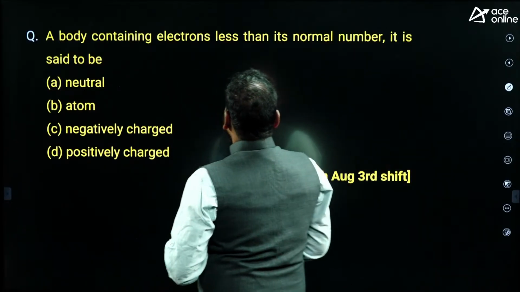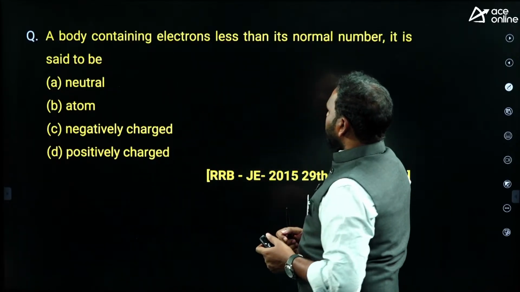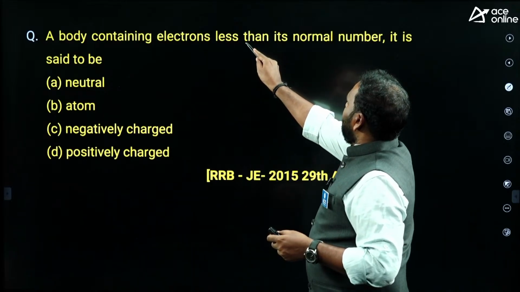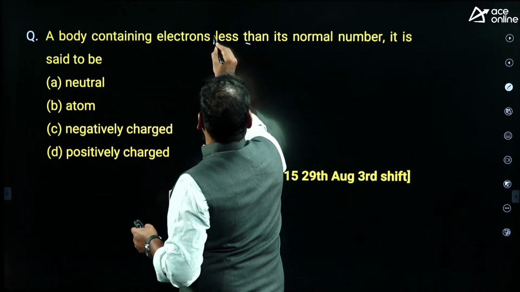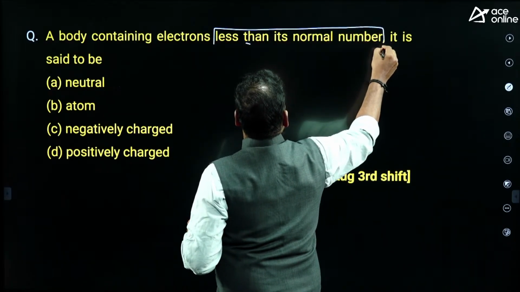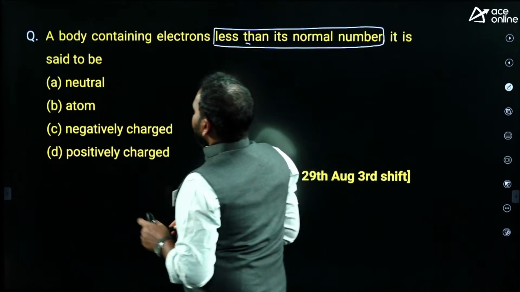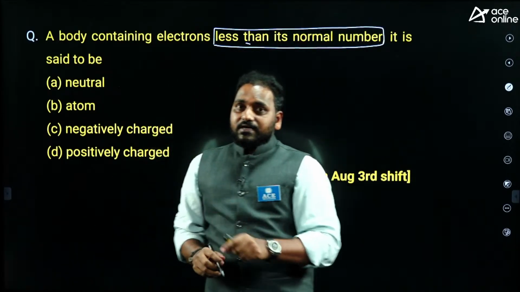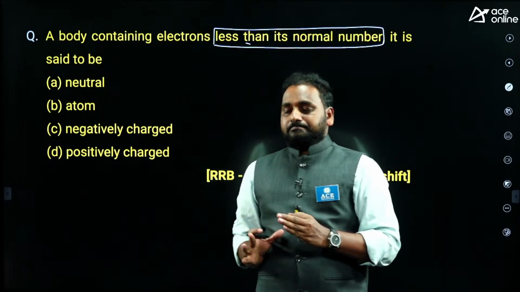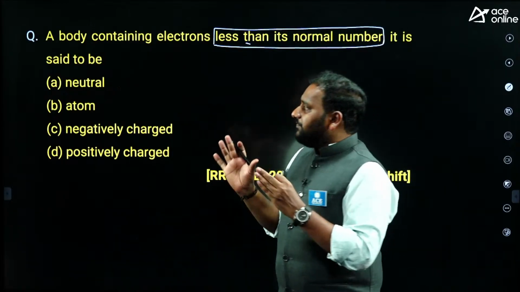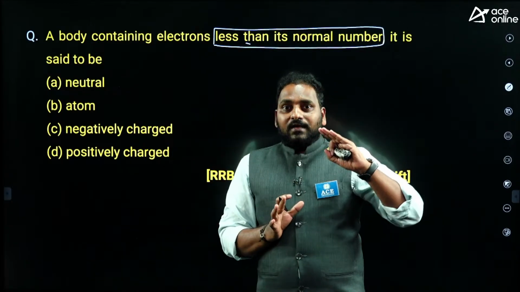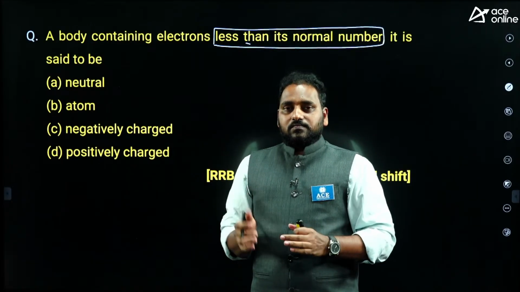A body containing electrons less than its normal number. Very interesting question. Electrons are less, it's okay. It is not about N-type and P-type semiconductor. Some students are confused in this question between the electrical neutrality topic and this one.